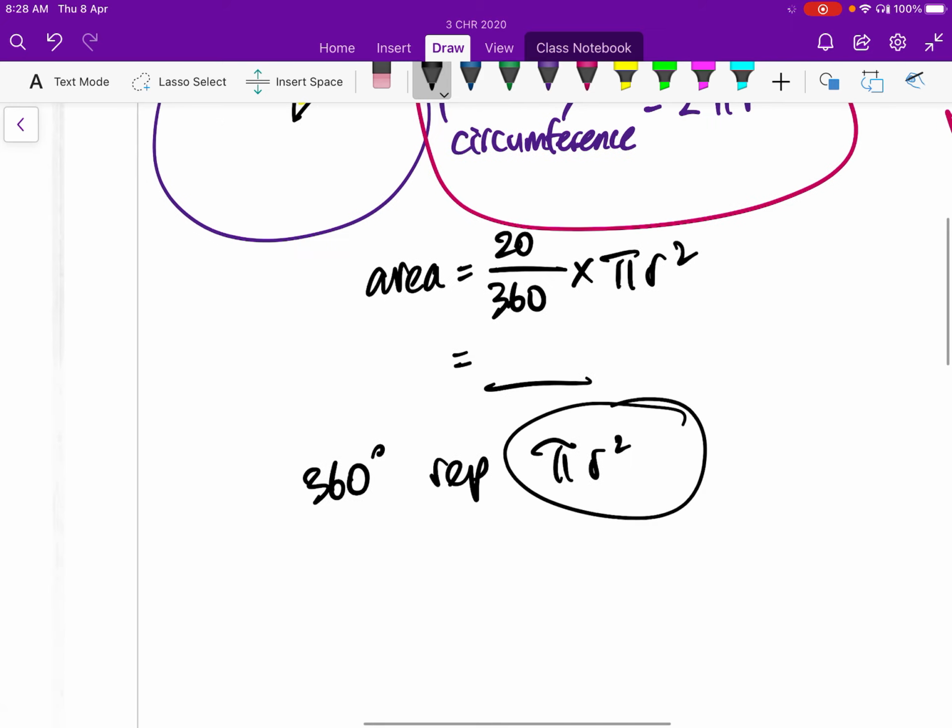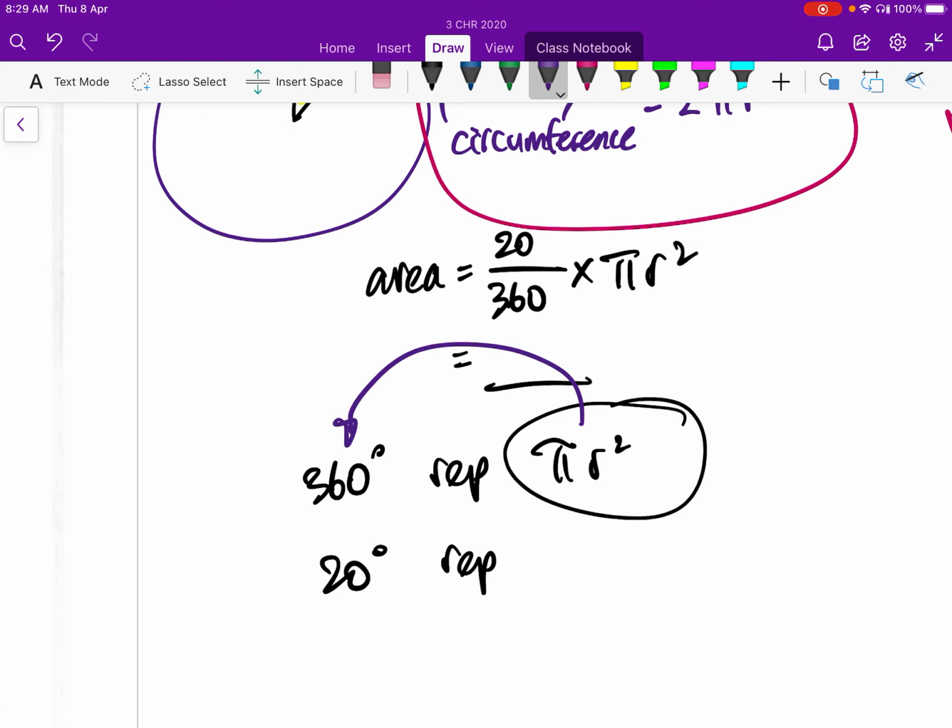Because this is for one full circle, then 20 degrees will now represent, and you do your same working, divide. So pi r square divided by 360, and then you multiply by 20, and you get the same answer. That is for area. You do the same for circumference also. How many degrees? 360 degrees represent 2 pi r. Then however much degree you want, then you have to figure it out.